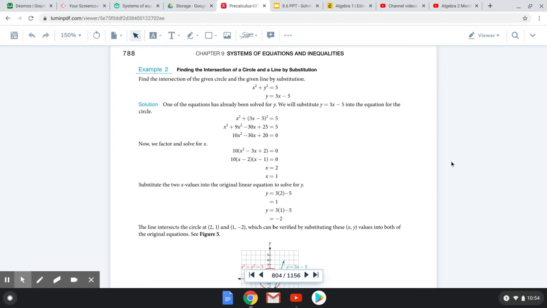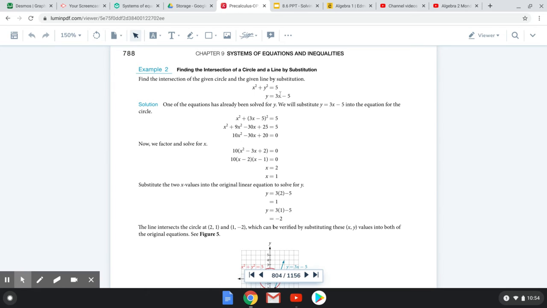So we're given a circle. This is the equation for a circle with a radius of the square root of 5. And then, of course, a line. And so the first thing that we want to do, like what I talked about in the last video, is use substitution because we can when we have things that are not squared.